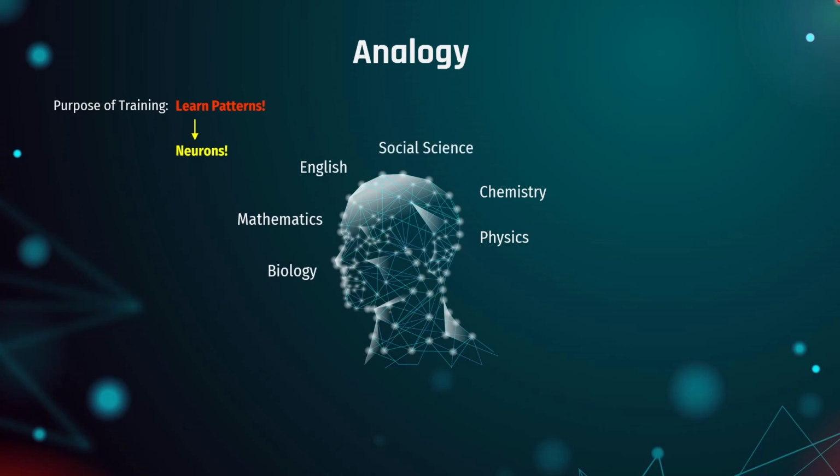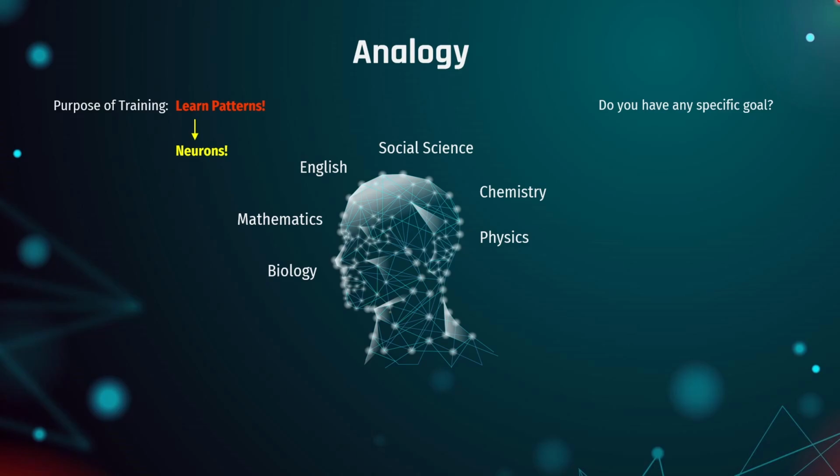Now when you were studying these particular subjects, one question: did you have any specific goal, right? What do I mean by goal? Did you know that in future you would become a doctor or maybe an engineer or maybe a physicist or maybe a chemist, right? You did not know that, right?